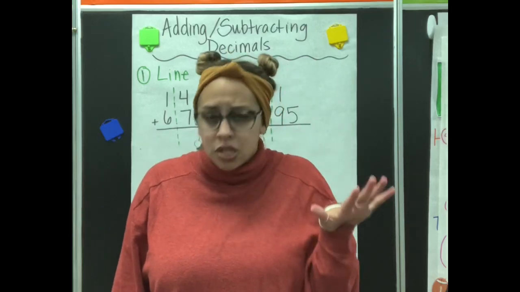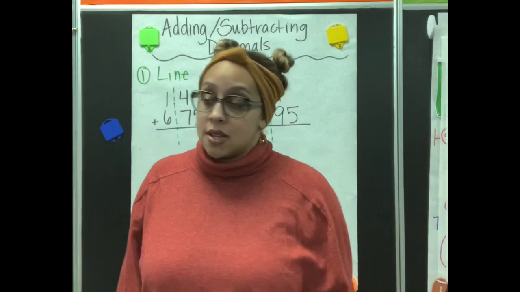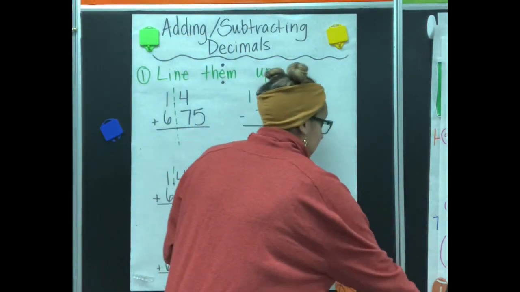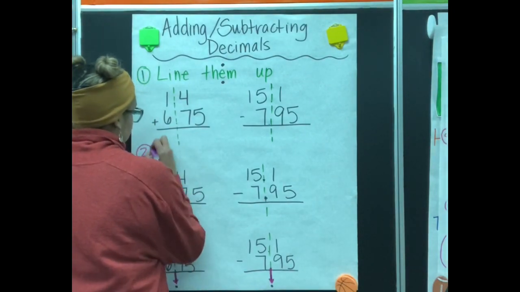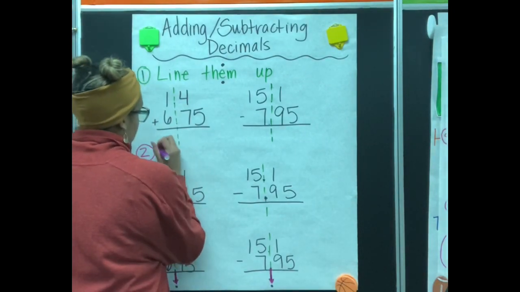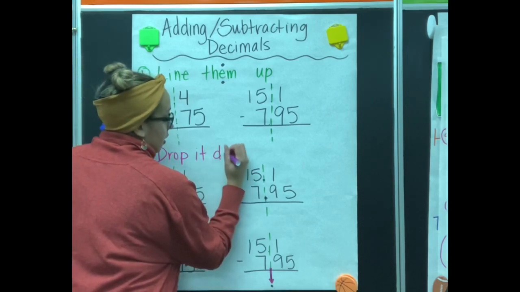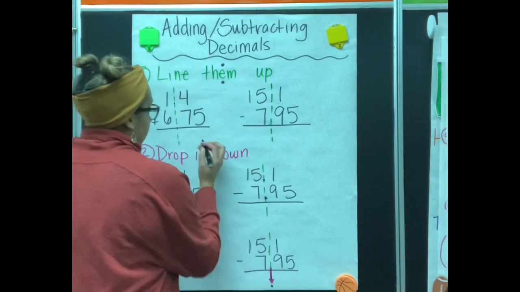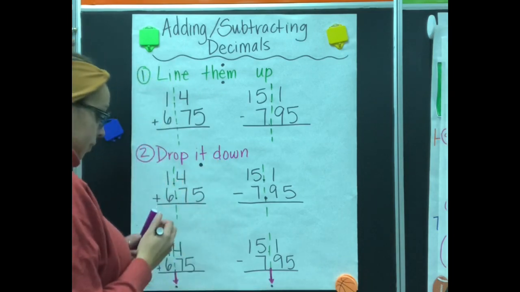We don't even start the math process until the decimal is down, so we know where it is. So our step number 2 is drop it down. It being the decimal.